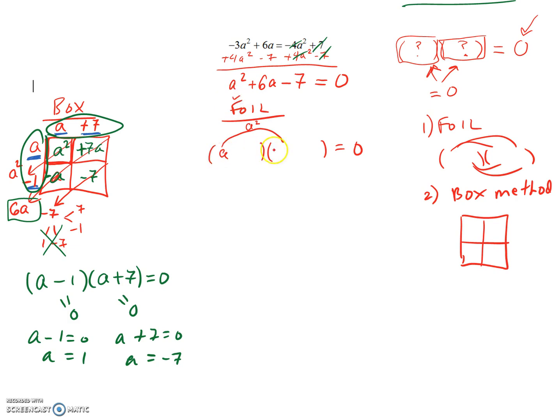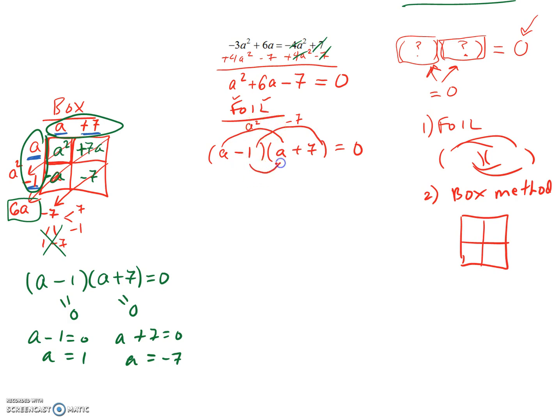Well, it has to be a and a. And I also know that the last terms will give me negative 7. So what times what gives me negative 7? Well, I already know what they are, so I'm going to plug them in. Negative 1 and positive 7. Okay, so I just guaranteed the first term and the last term.